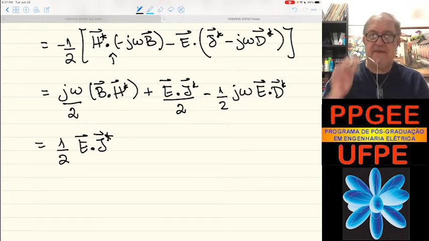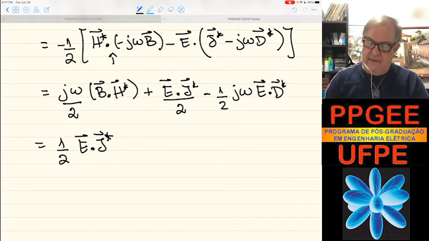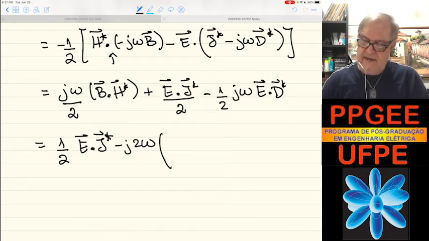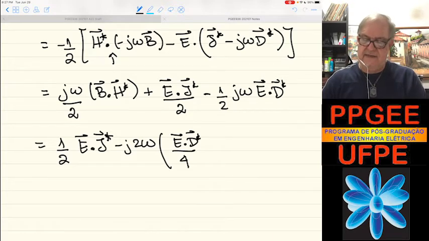These are all complex quantities now. And I'm going to put the 2 j omega, not plus, but like this, minus j 2 omega. Okay, so I'm going to have E D conjugate divided by 4, right? Because it's divided by 2, right?